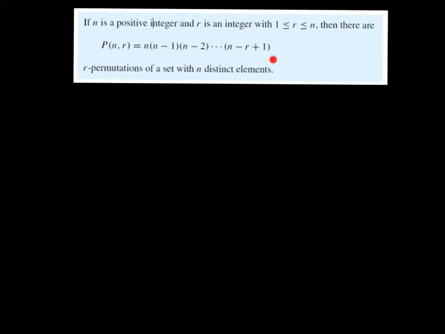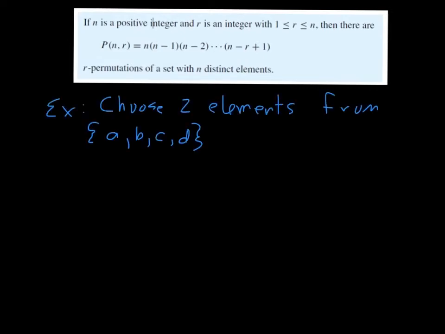Now, I know this can look a little bit confusing, but in practice, it's really easy. Let me show you an example. What I have here is a set with 4 elements. So n is equal to 4, and I'm choosing 2 of them, so r is equal to 2.